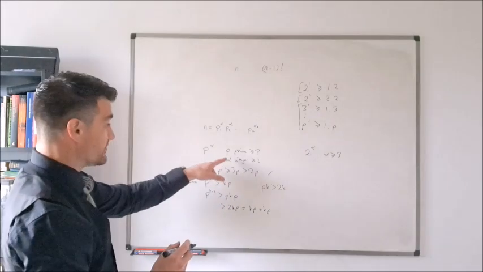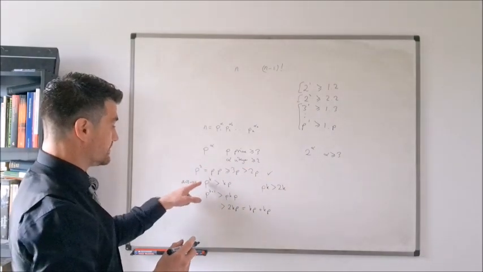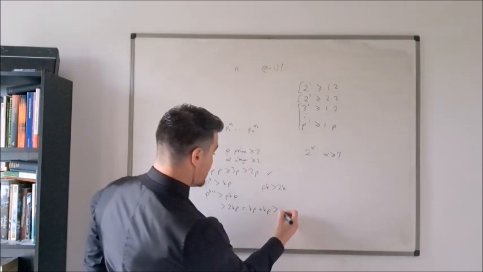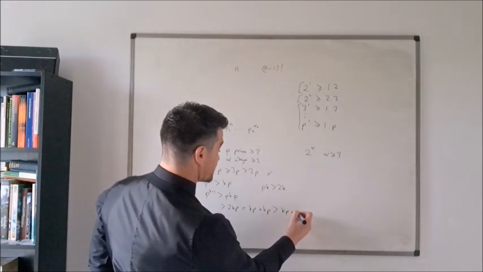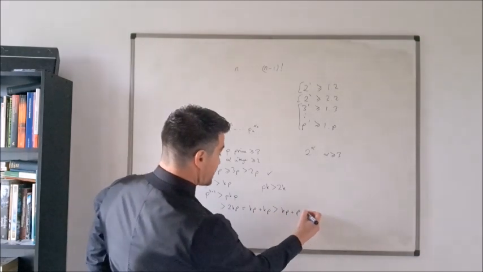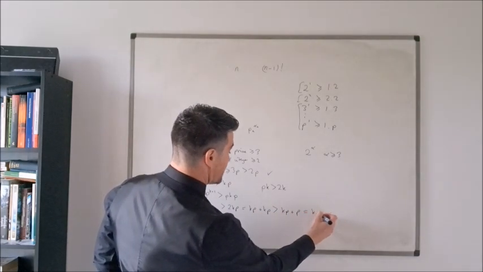K has to be greater than or equal to 2. So this is going to be greater than k times p plus p, since k is greater than or equal to 2, which is of course equal to k plus 1 times p.